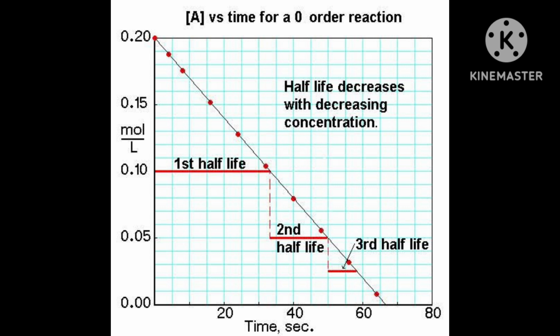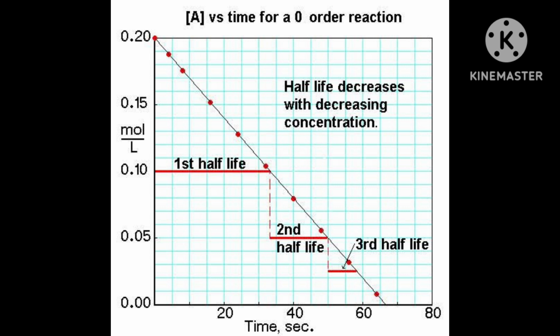After that it is simplification. Then in the place of R, you write R0 by 2, and in the place of T you should write T half, a small t with subscript 1/2.